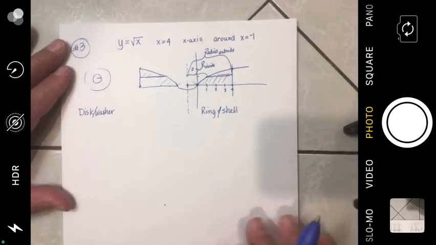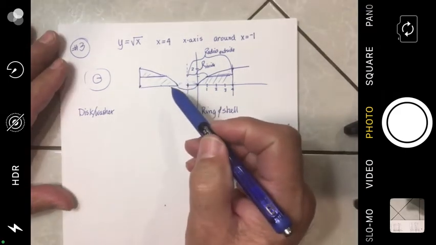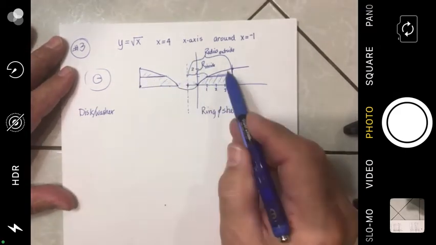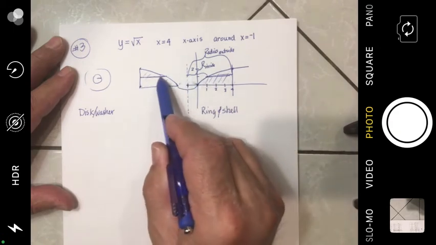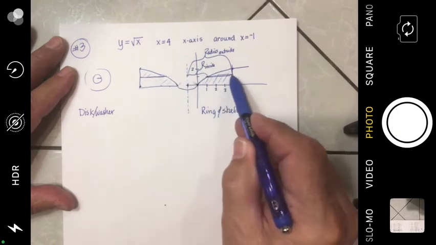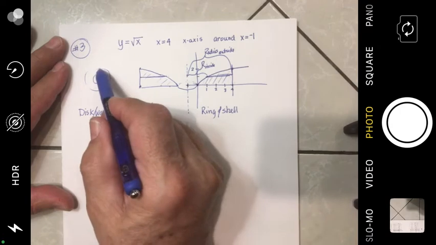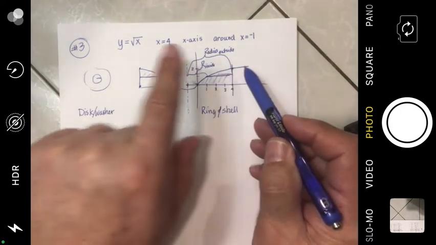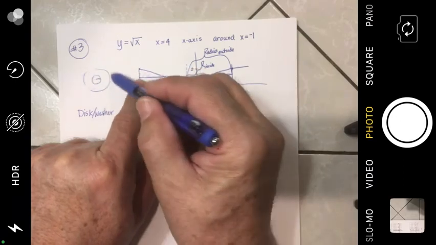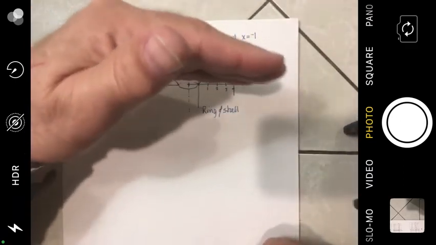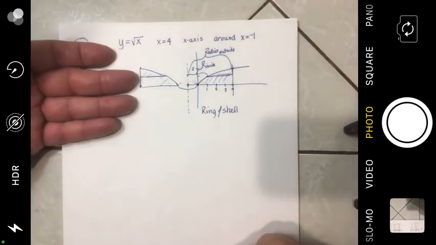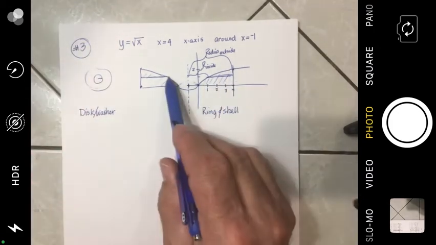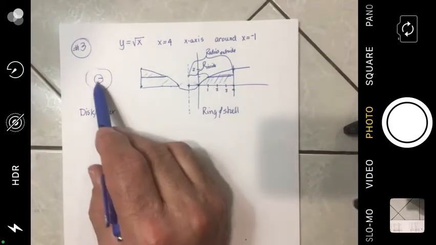Okay, my camera cut out on me, so I'm going to have to splice these together. So I was saying it was sliced this way and here, and it comes up around, so it's going to be like a washer. This would be the big radius from going around this way. So I've taken the slice and laid it down, and then there's going to be a hole inside it.